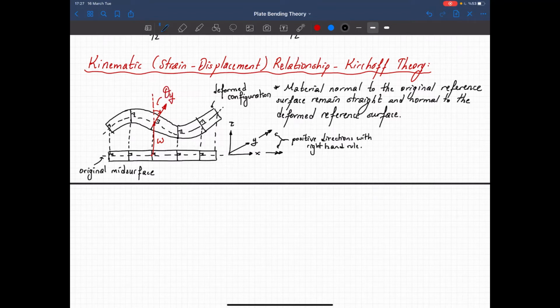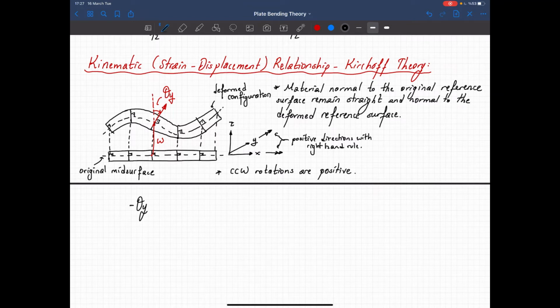Now in my derivation, the counterclockwise rotations are positive. This is what I will assume, okay? That's the way I will derive it. So theta y here is clockwise.